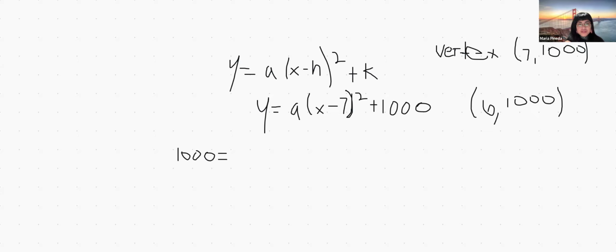So 1,000 equals a times (x minus 7) to the second power plus 1,000.